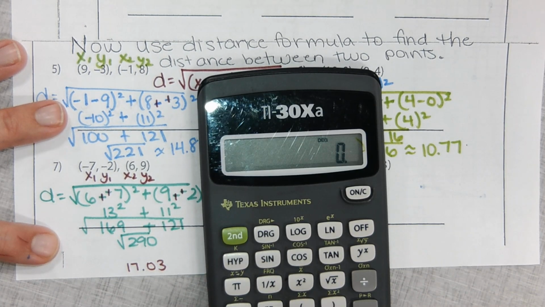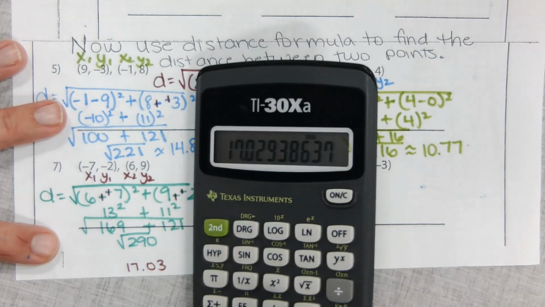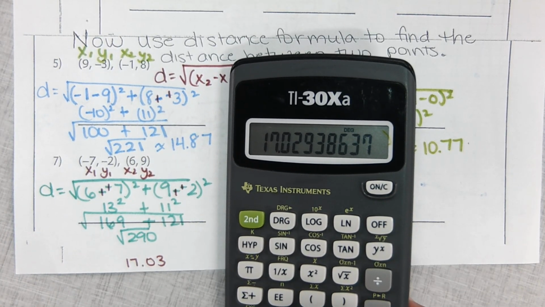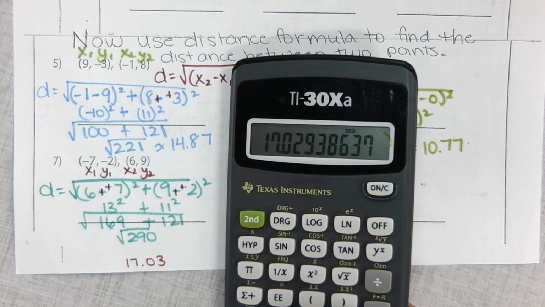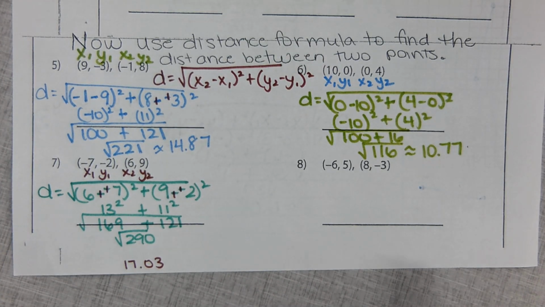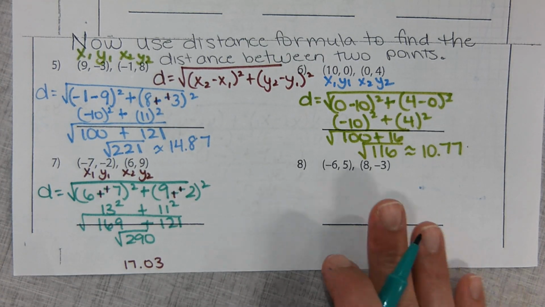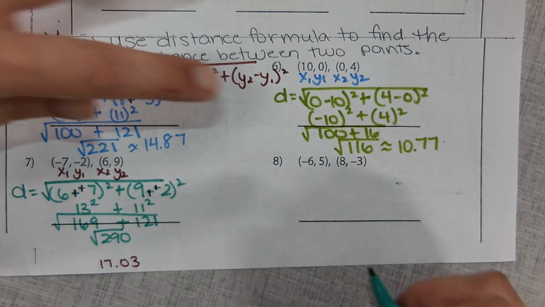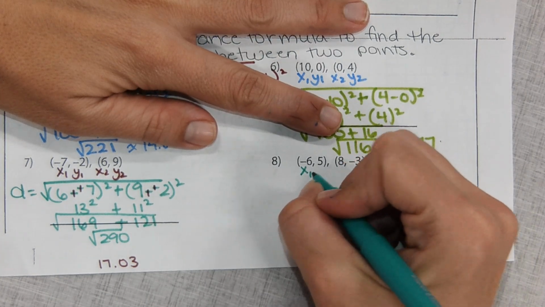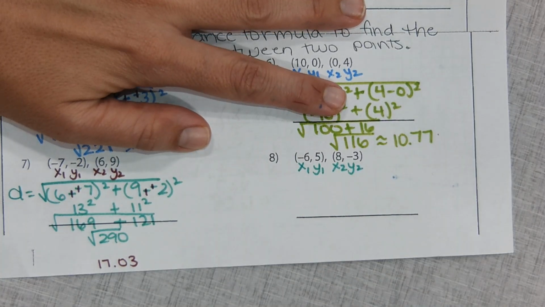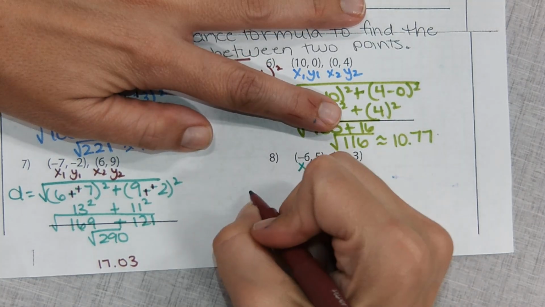And then you take the square root of that, and it gives you 17.03. Great. Start by labeling. If I don't label, I always mess it up. So label it.